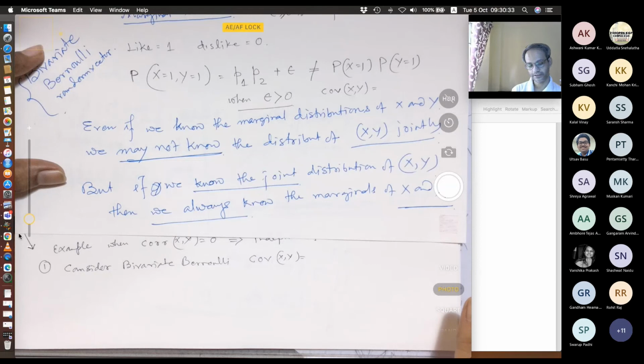To go by the definition, expectation of xy minus expectation of x into expectation of y. What is expectation of xy? P1 P2 plus epsilon.